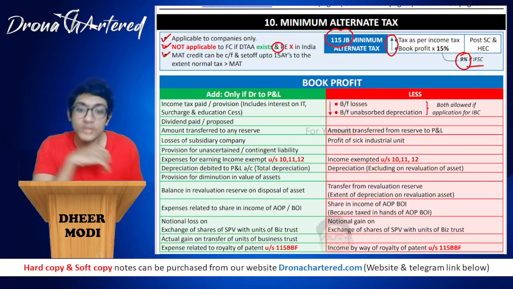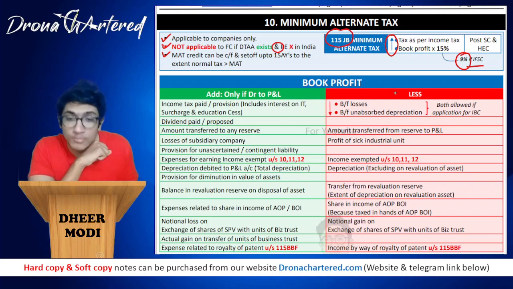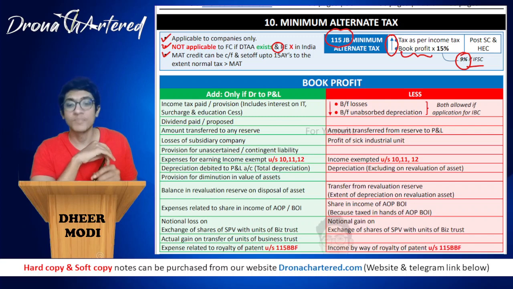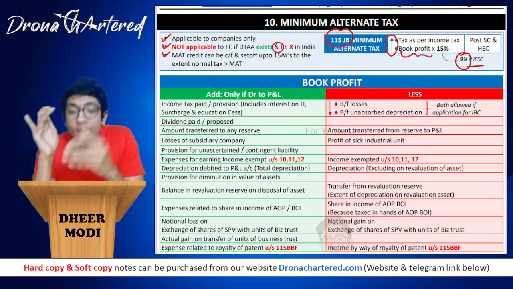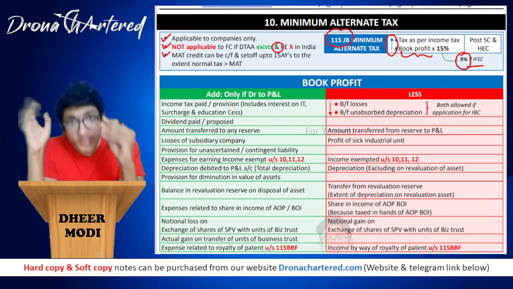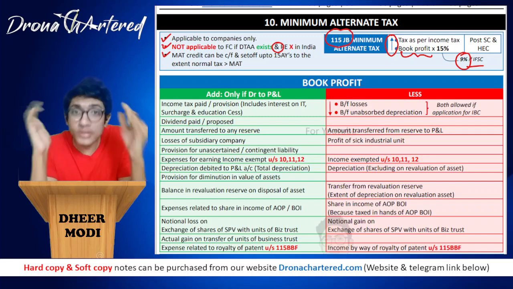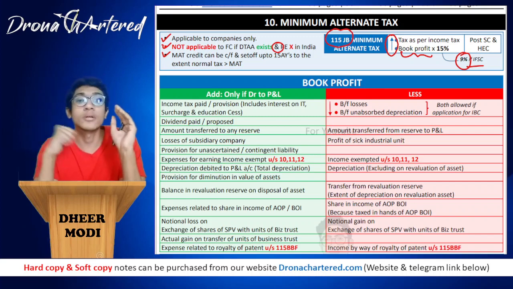Okay, now sir, what is book profit over here? I know how to calculate tax as per income tax, but what is book profit? For book profit, they have given a very nice format to learn. Remember, for book profit, you only and only have to give these adjustments, the ones I have mentioned. Any adjustment outside this table, you do not have to give any effect. There will be no change in your answer.